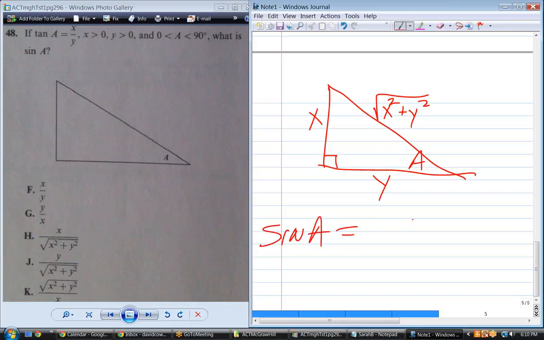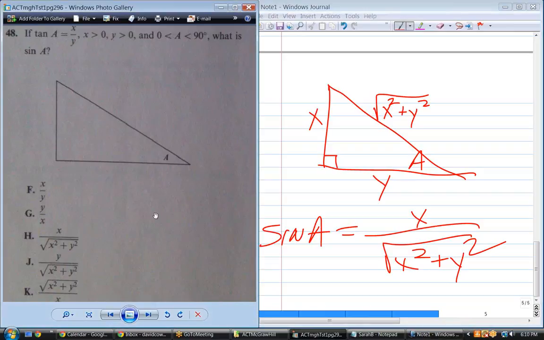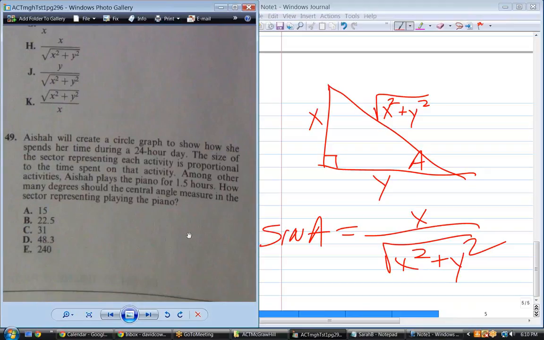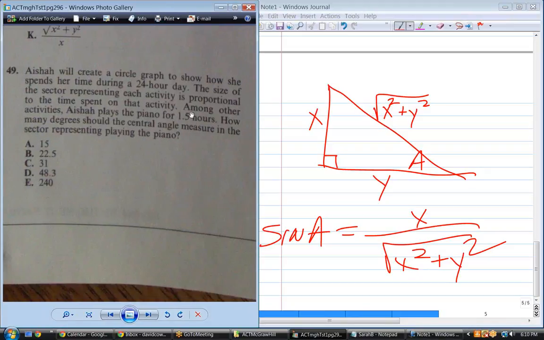So X over the square root of X squared plus Y squared? Good. Why can't you just make that X plus... Never mind. No, I know. Yes, that is not X plus Y quantity squared. Right.